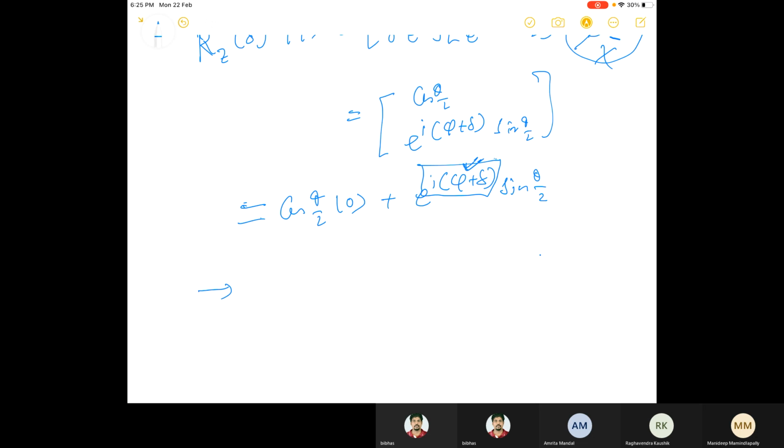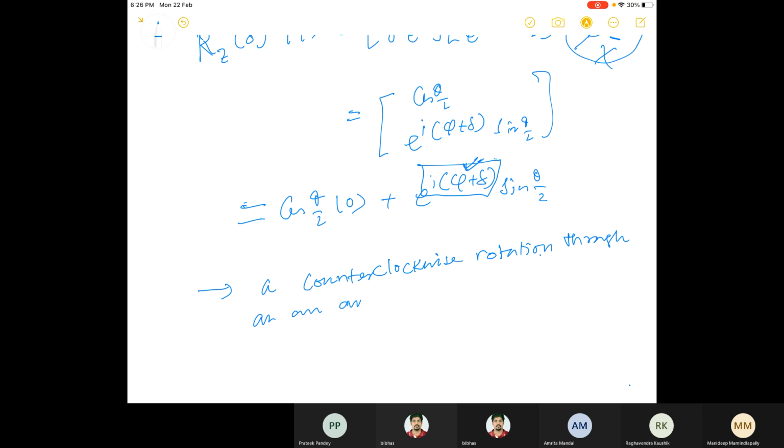The effect of this gate is actually a counterclockwise rotation through an angle delta about the z-axis.